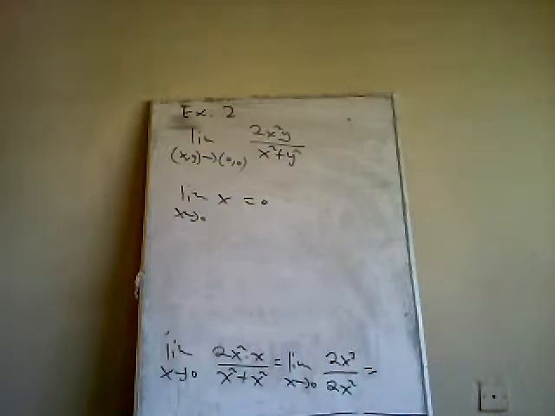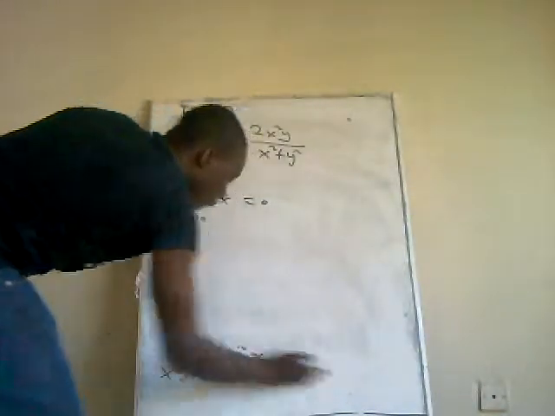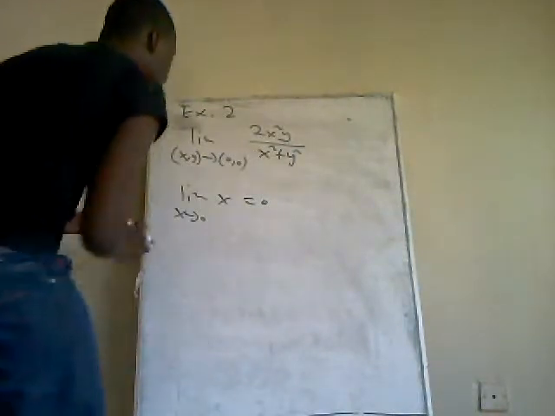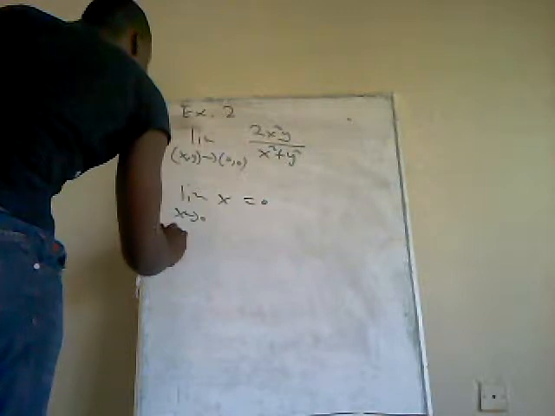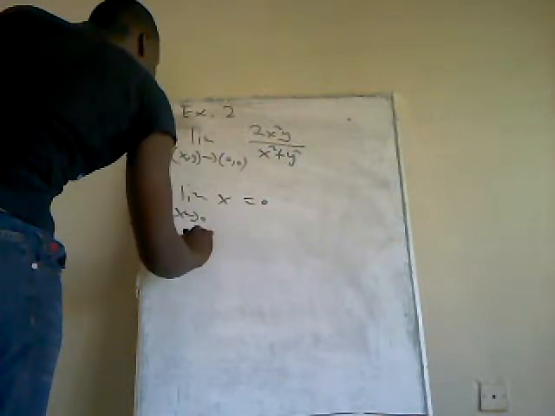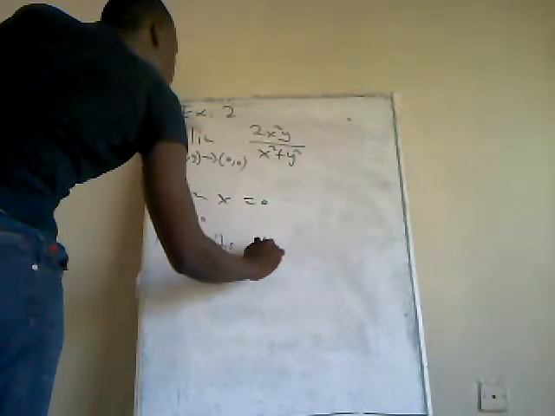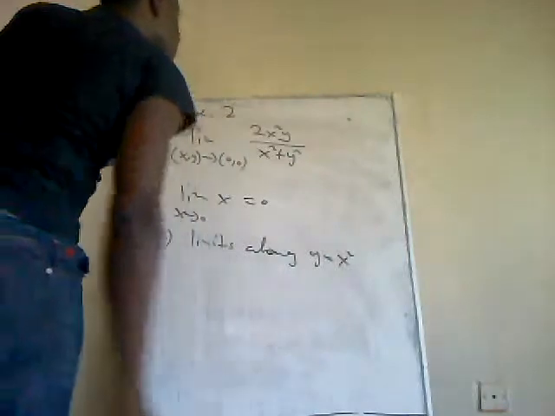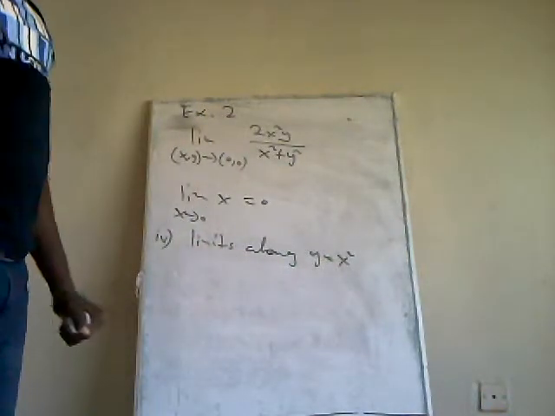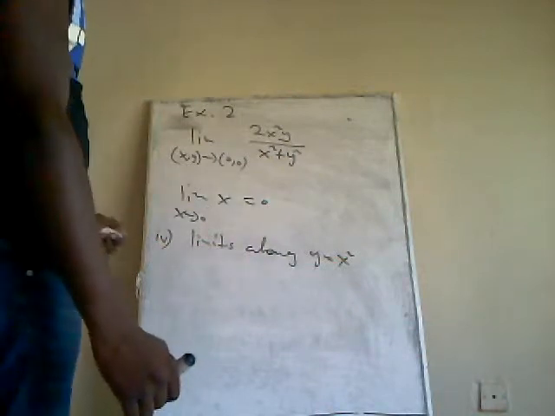Now we check limits along y is equal to x squared. Along y is equal to x squared, in place of y I'll put x squared.